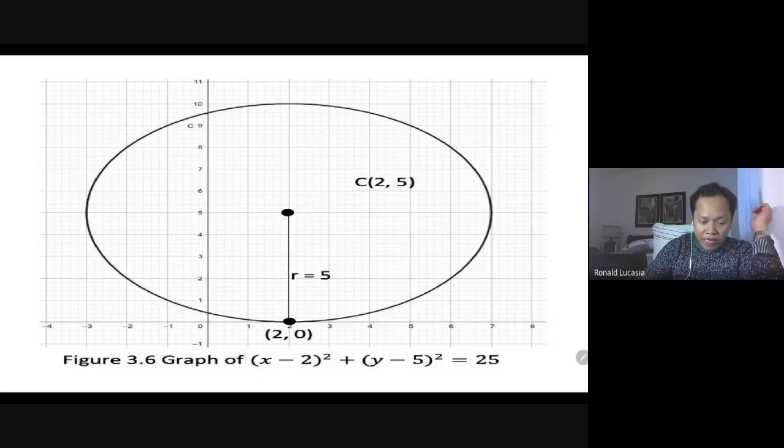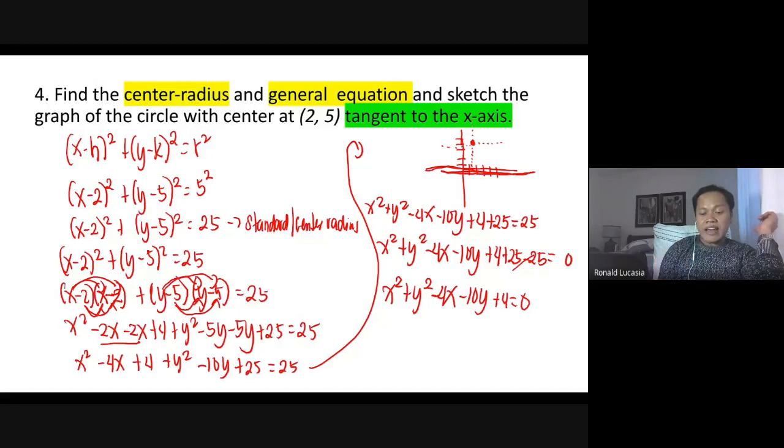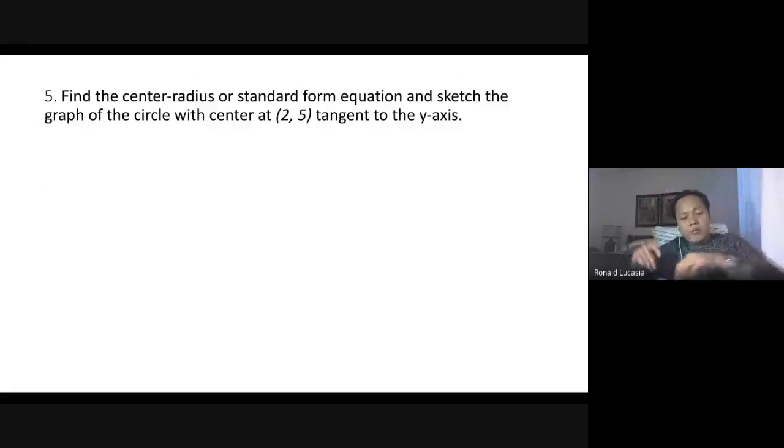This is what I said earlier about its radius. I hope you're able to examine the shortcut method when the circle is tangent to the x-axis, because we will be needing that in the next example when the circle is tangent to the y-axis.